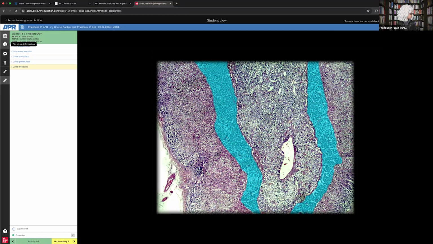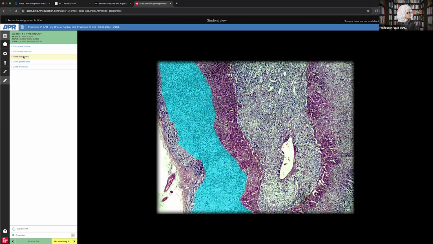You need to know the hormones that are released by each zona as well as their class. Remember, for glomerulosa, these are going to be mineralocorticoids, and the example would be aldosterone as the hormone. For zona fasciculata, these are going to be glucocorticoids, that would be the class, and the hormone would be cortisol.